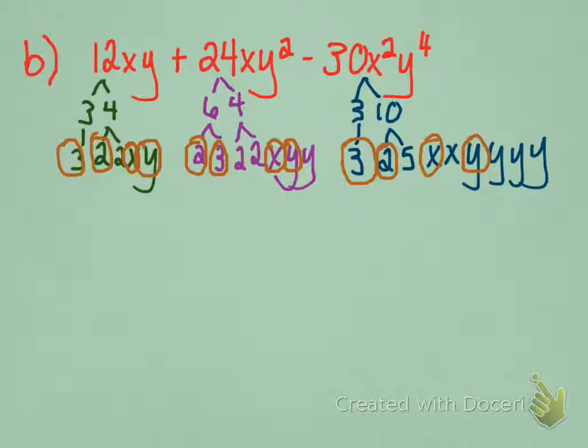Alright, so on the outside of your parentheses, you're going to have 3 times 2 times x times y. On the inside, you're going to go up to your first term and see what's the only thing left. The only thing left is the number 2. Then your symbol comes from what's in between the first 2 terms. So plus.